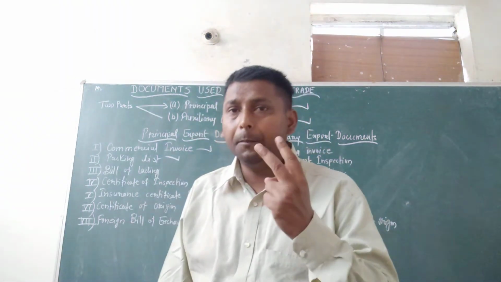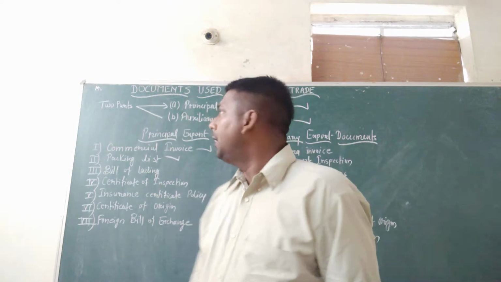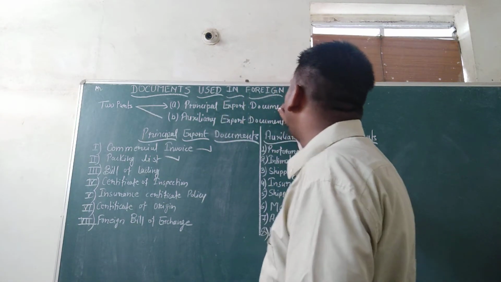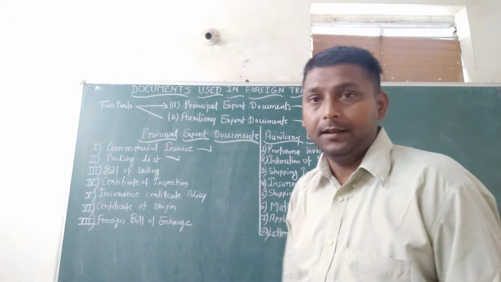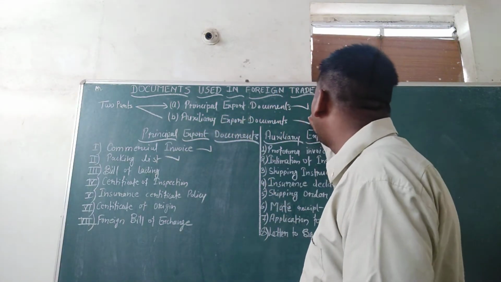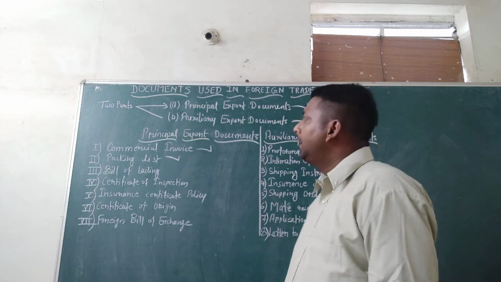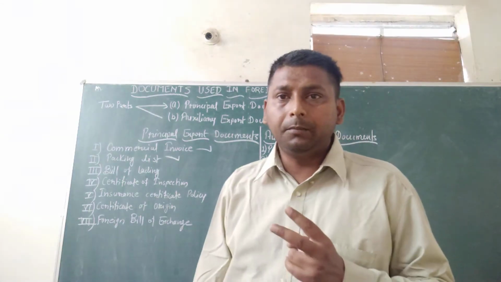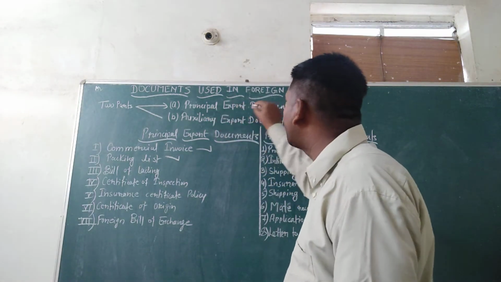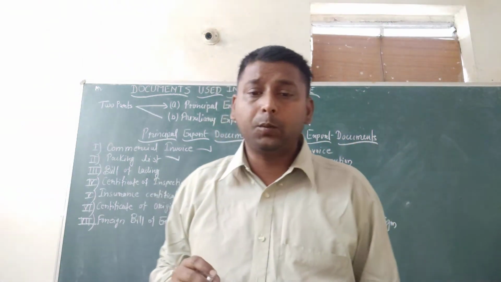There are two important documents. First one is Principal Export Document, and second one is Auxiliary Export Document. First, Principal Export Document.